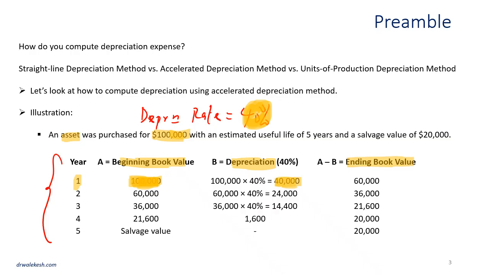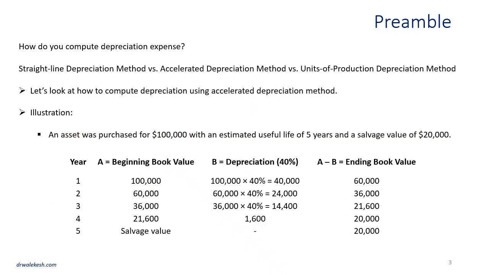To compute the ending book value, it will be 100,000 minus 40,000, which is 60,000 US dollars. This 60,000 US dollars would become the beginning book value for year 2. To compute the depreciation expense for year 2, it will be 40% times this beginning book value, and that would give us 24,000.